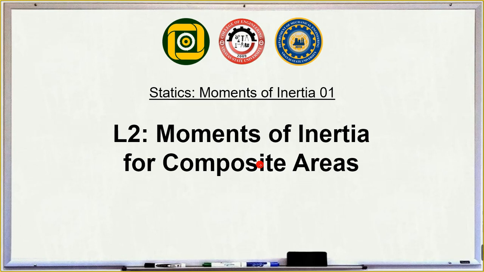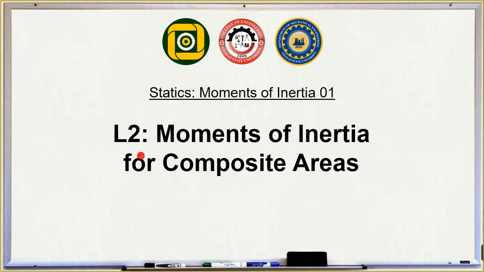So we are now on lesson 2, moments of inertia for composite areas. From the previous recorded videos, I hope you have seen them. We discussed only the moments of inertia for a single 2D figure or 2D plane.